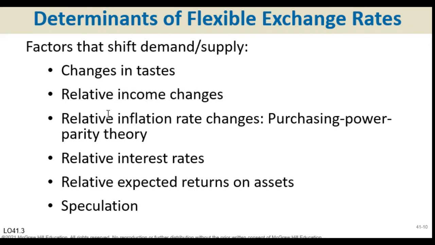Under the purchasing power parity theory, exchange rates should eventually adjust in a way that equates the purchasing power of various currencies. In this regard, many people use the Big Mac example.